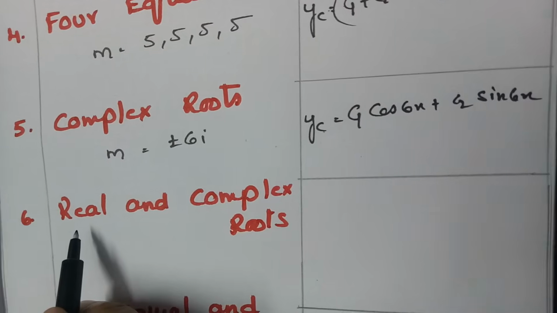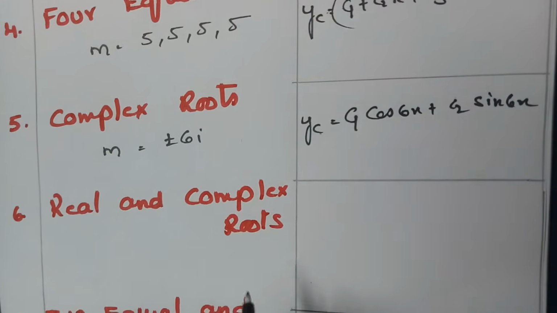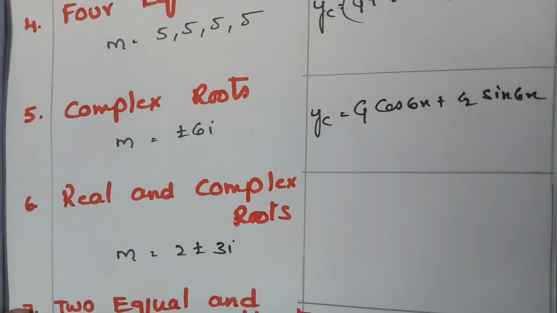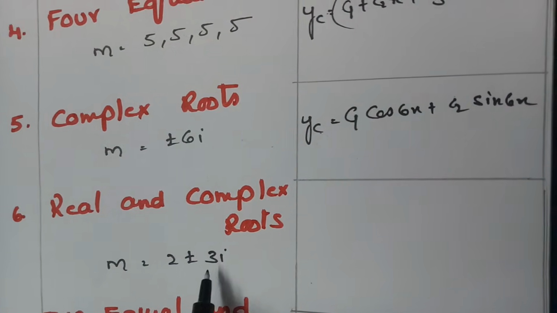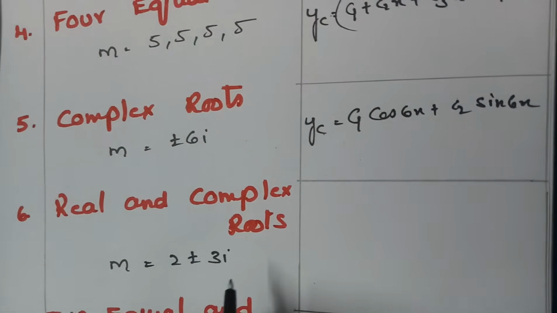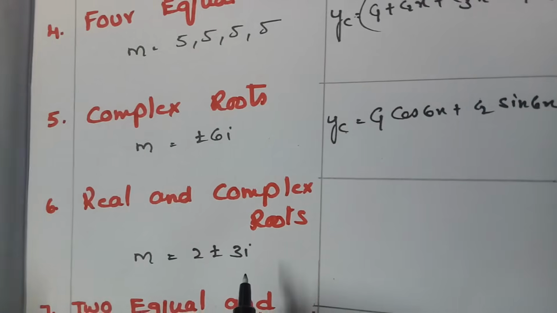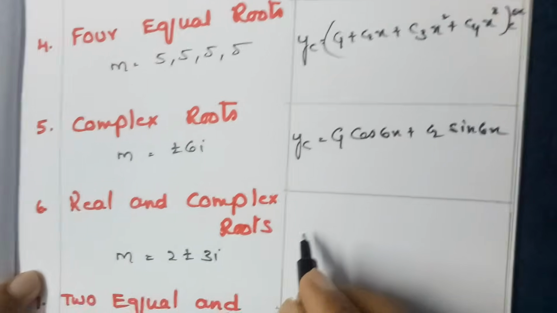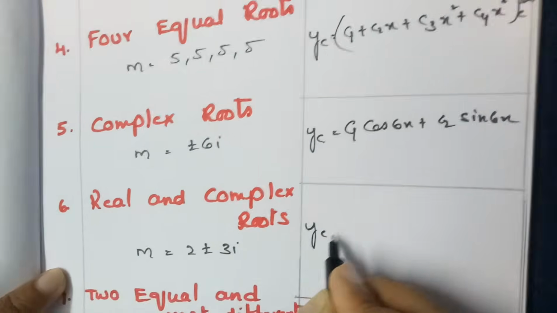If the roots are real and complex, for example 2 plus or minus 3i, in my next video I will show how we get all the roots. If I get this kind of root, how to write this complementary function? yc.